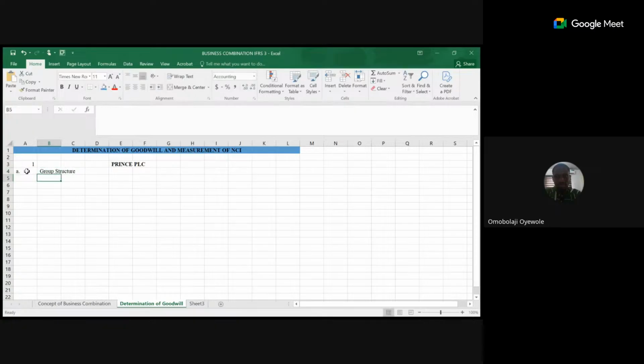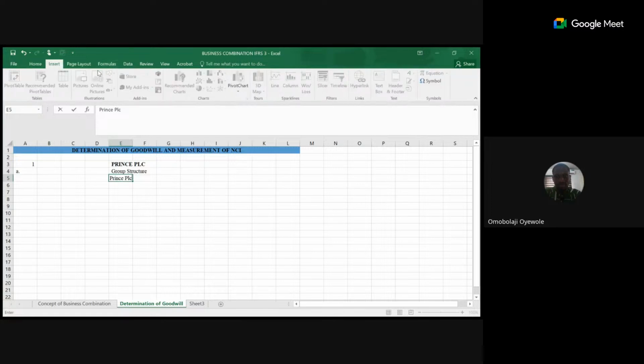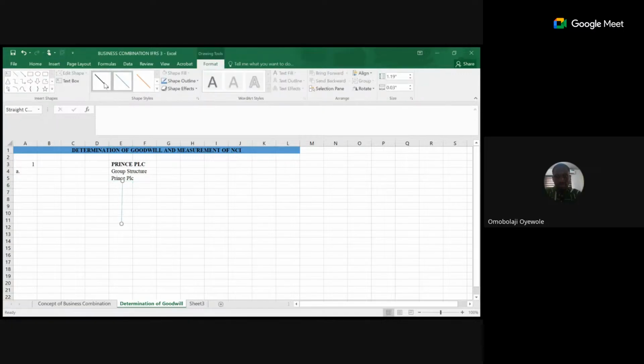Now, group structure. Let me move this to this place. Now, group structure is what? So, Prince PLC acquiring who? This is how we draw the group structure. So, are you with me now?